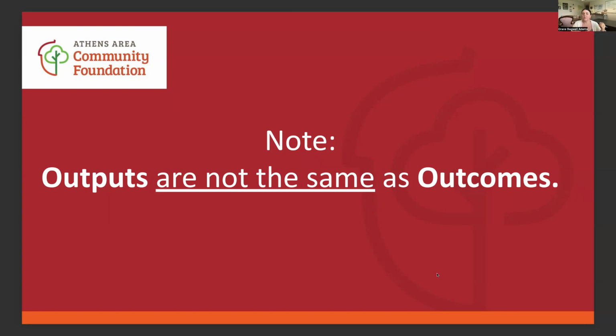Saying how many people you're going to serve or how many people you're going to train, that's an output. What we are looking for is that in addition to saying, here's how many were served or here's how many we reached, you can say, and here is how the community or those individuals that were served changed because of that service or because of that program.